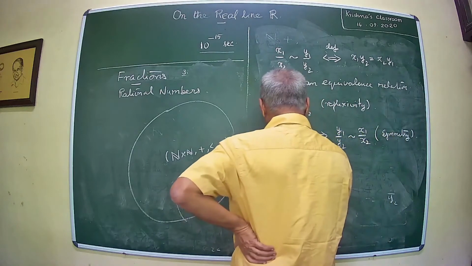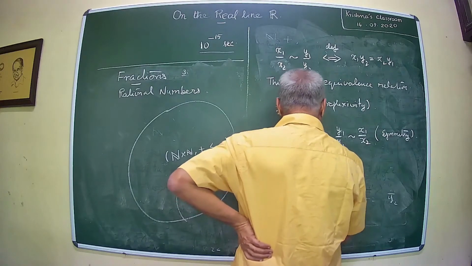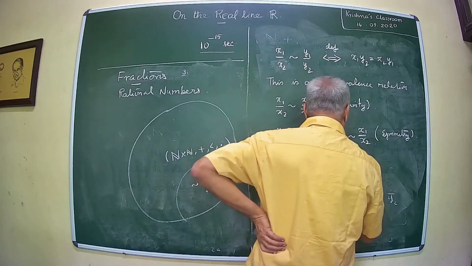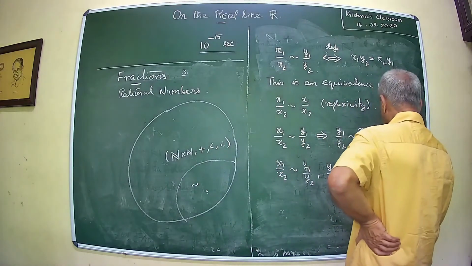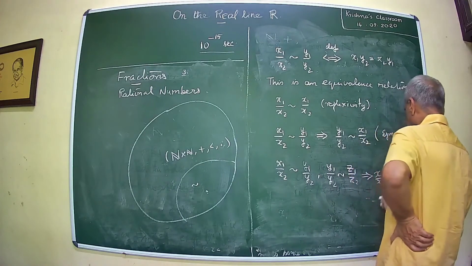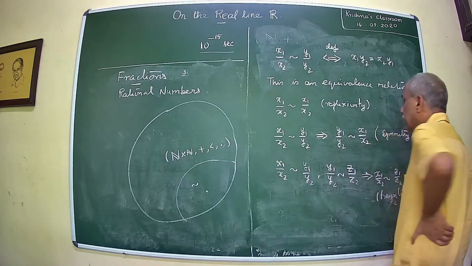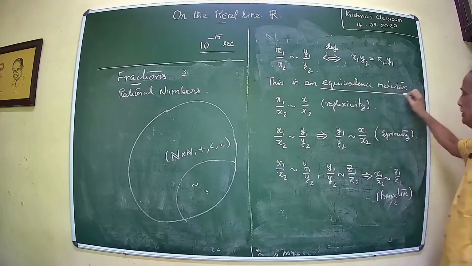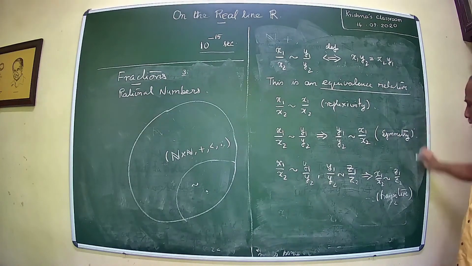Then if x1 by x2 is related to y1 by y2, and y1 by y2 is related to z1 by z2, this implies x1 by x2 is related to z1 by z2. This is what we call transitivity. It is not just any type of relation, but an equivalence relation. That means it satisfies all three properties, namely reflexivity, symmetry, and transitivity.